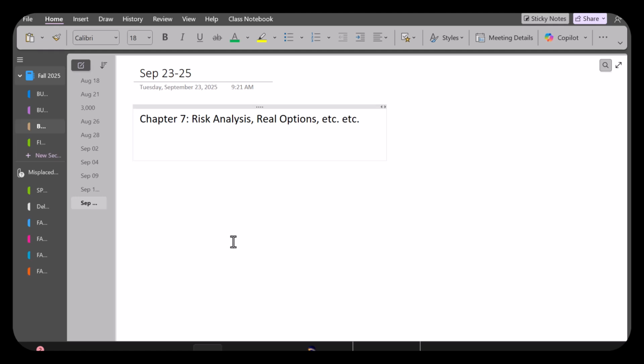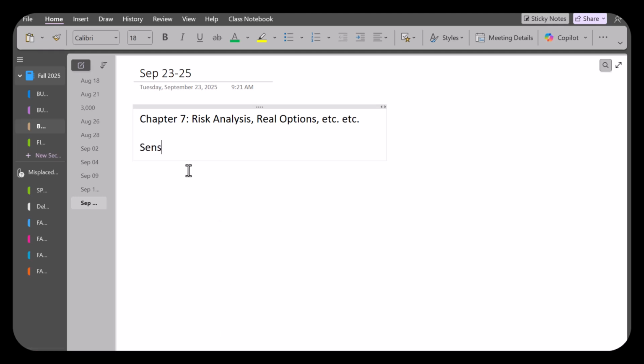Basically, there are two types of analyses. One is called sensitivity analysis. The idea behind sensitivity analysis is simple.